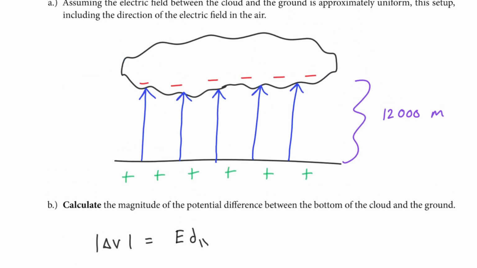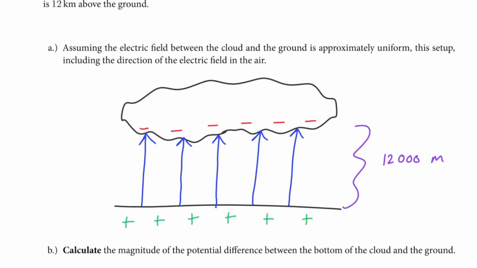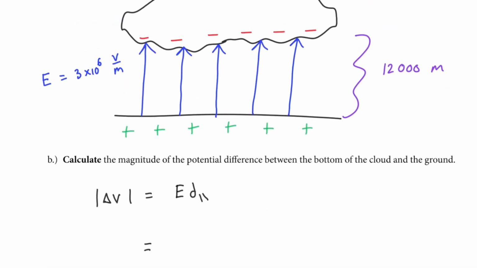So our E field strength, which was given to us in the problem, this is a fact that if your E field is very, very strong, it breaks down any material and turns it into a conductor. So it turns out for air, this is 3 million volts per meter. So that was given to us.